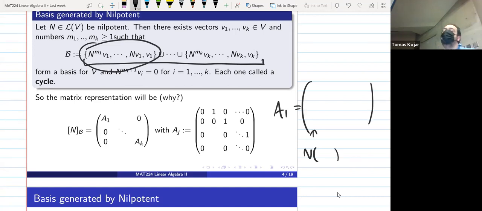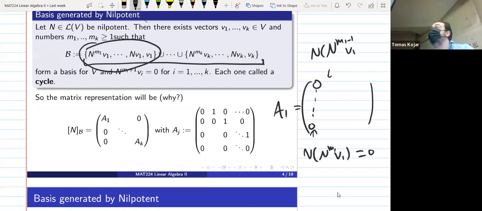The coordinates of what vector? N of N^{m1-1} v1, which is zero. So the first column would be zero. The second one is N of N^{m1-2} v1, which is N^{m1-1} v1. So you put a 1 on the first row. Okay, so that's the game.